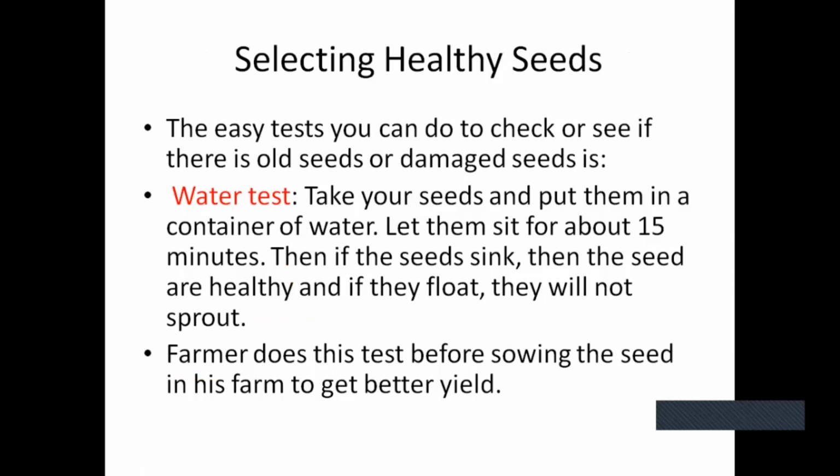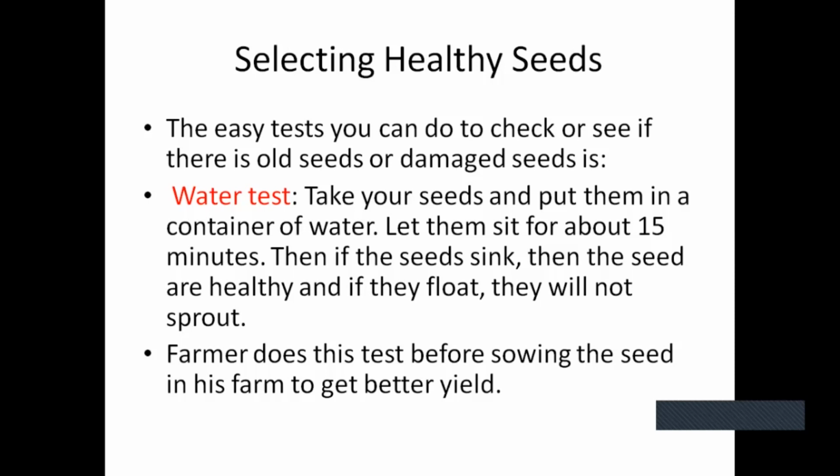After that, what will happen? The seeds which are healthy will sink into the water, right? They will go down into the water, and the seeds which are damaged, unhealthy, or eaten by insects, which will not sprout, are going to float on the water because they are empty and lighter, so they will float.